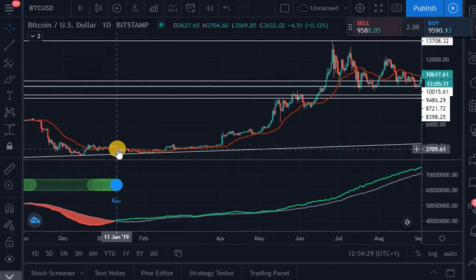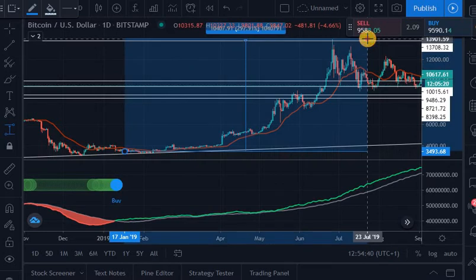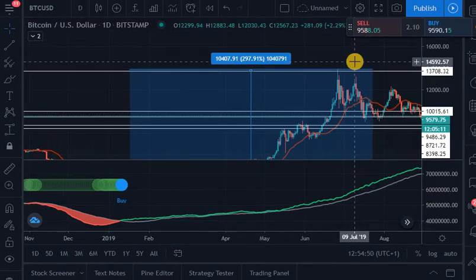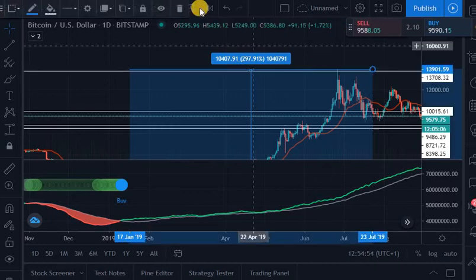From this exact point it flashed this signal. Let me show you the price range it took. From this exact point right here to the top of the trend, the price went up 297%, almost a 300% move to the upside.